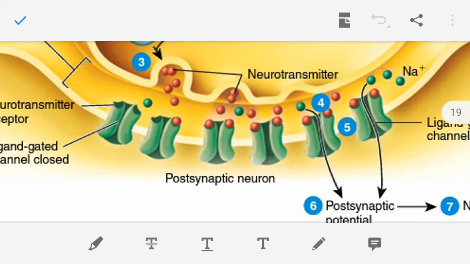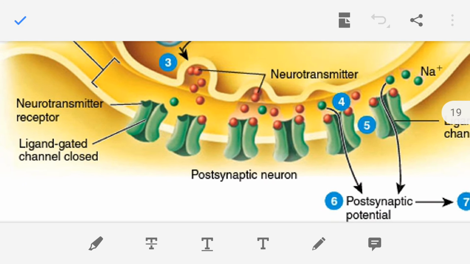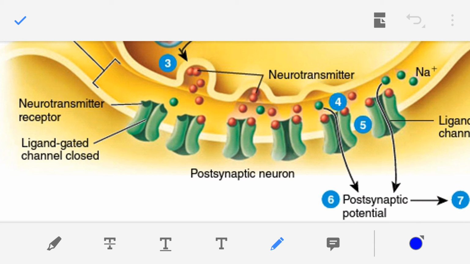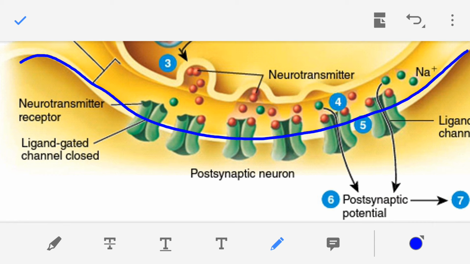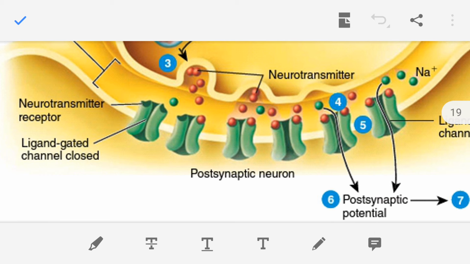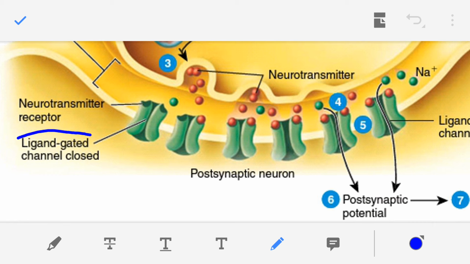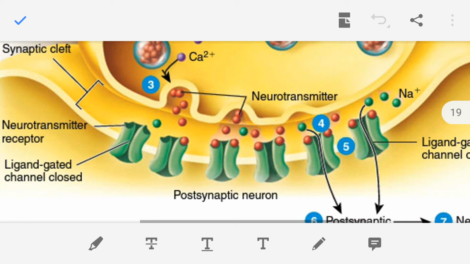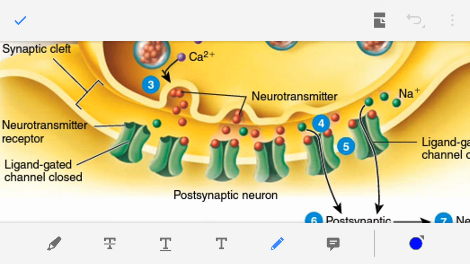Now this neurotransmitter diffuses through this interstitial fluid, and then reaches the opposite side. In the opposite direction, this is the plasma membrane of the postsynaptic neuron, and as you can see in this plasma membrane the ligand gated channels are present. On these ligand gated channels receptors are present.